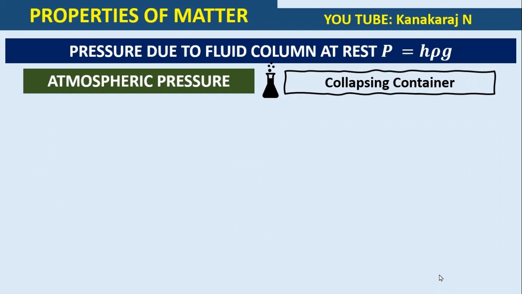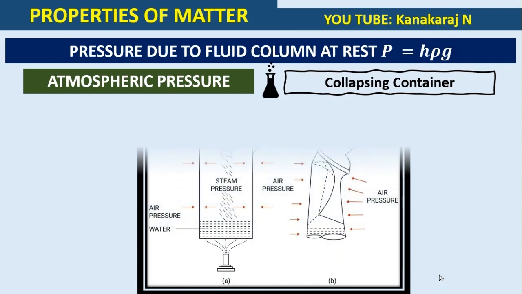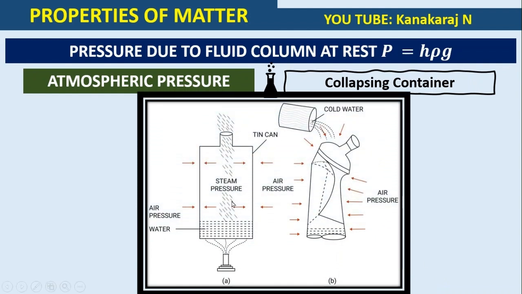Some activities. Collapsing container. Here there is a container. We heat it so that the water inside gets evaporated, and we close the mouth and pour cold water onto the container.